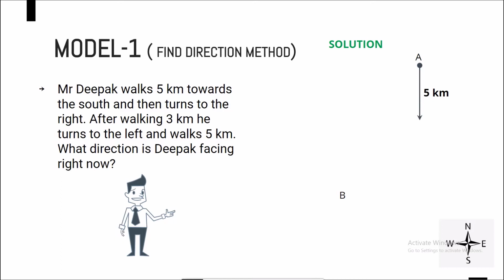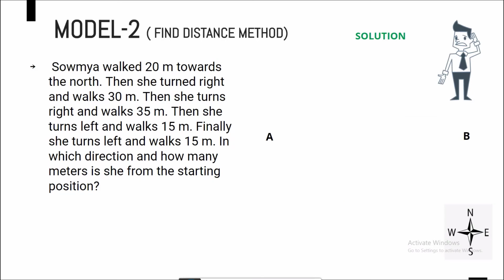When he turns to right, he faces west direction. After walking 3 kilometers, he turned to left, facing south direction, and walked 5 kilometers in south direction, reaching point B. In the question asked, which direction he faced? Finally, we got the answer: south direction.